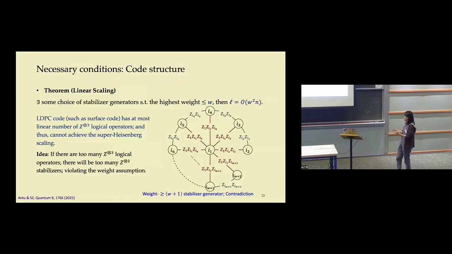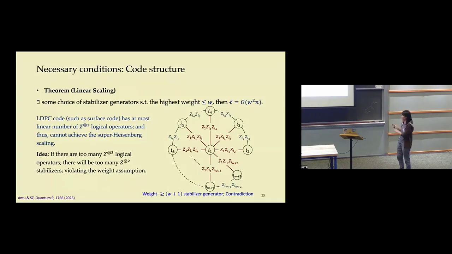And you can see that if all of these operators, which correspond to the red lines here, are non-trivial logical operators, then the product of each of them is going to be a stabilizer. In that case, you have a large weight stabilizer generator, which goes from I2 to I_{W+2}, and that leads to a contradiction.